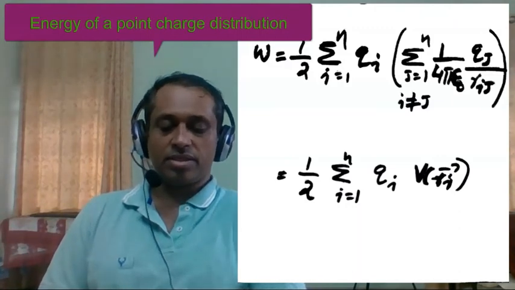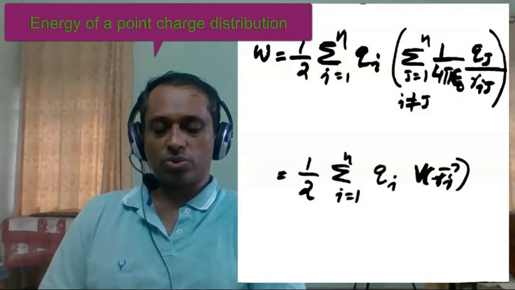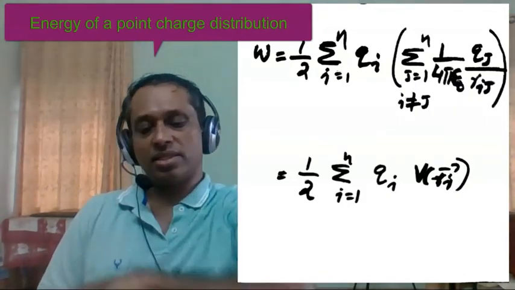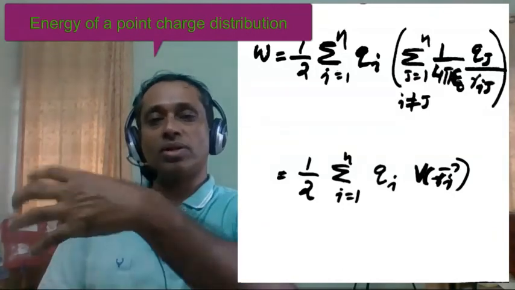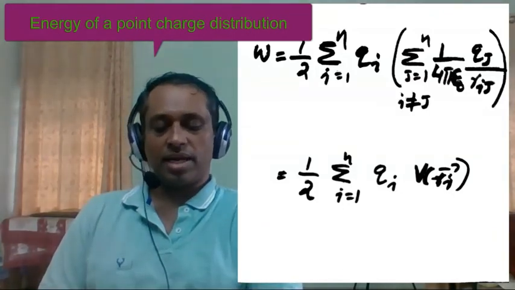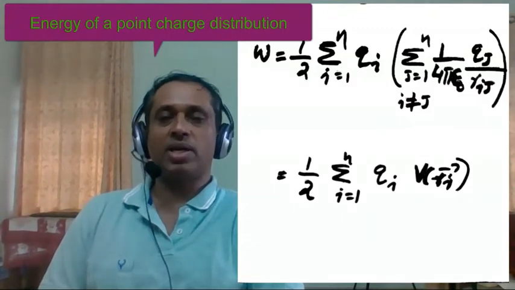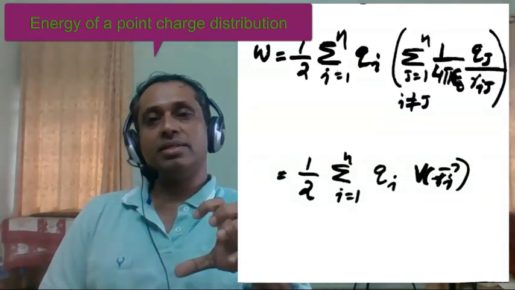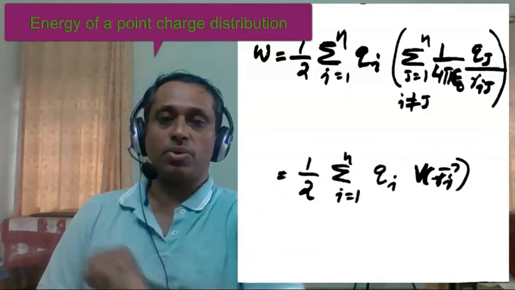Isn't it? That means we are summing over all the other charges, i not equal to j. So this is the potential term, 1 by 4 pi epsilon 0 Qj by Rij, and we sum over all j. That is the total potential at the charge Qi.